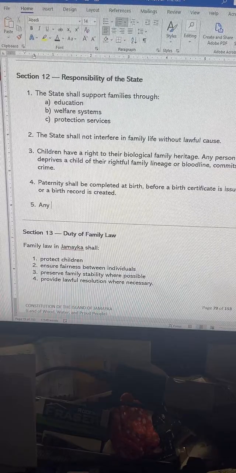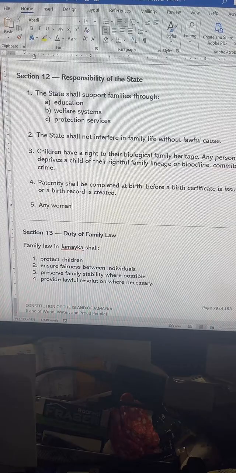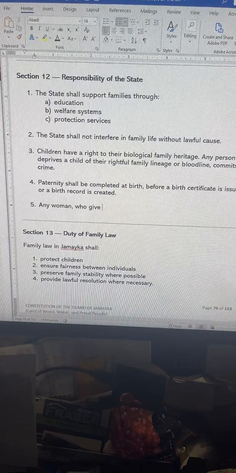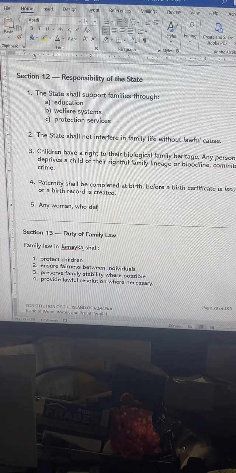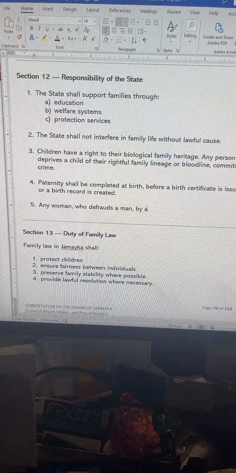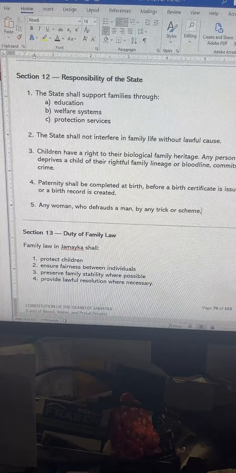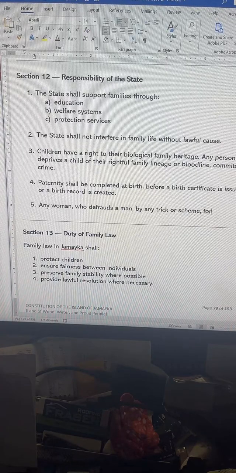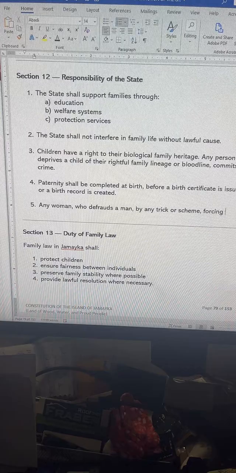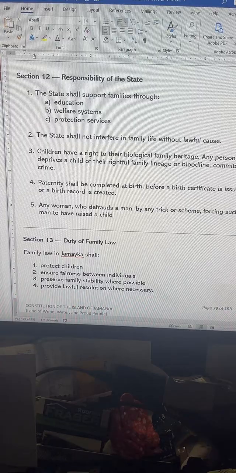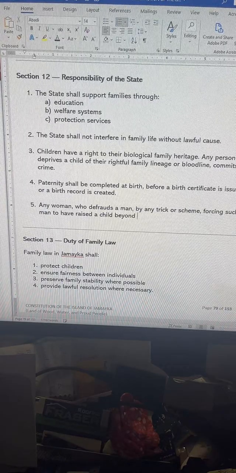Any woman who, let's say, defrauds a man by any trick or scheme, forcing such man to have raised a child beyond 30 days.